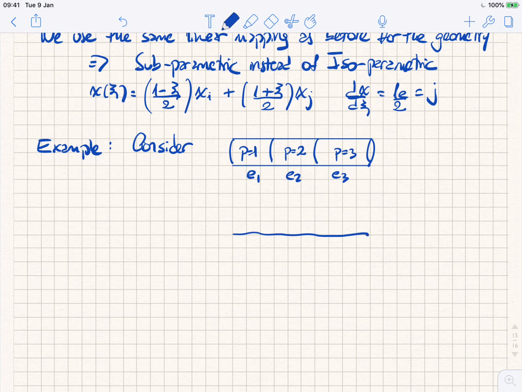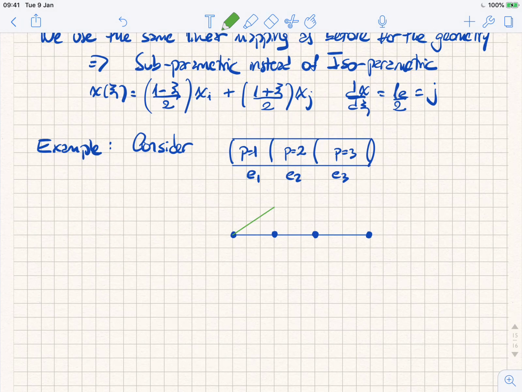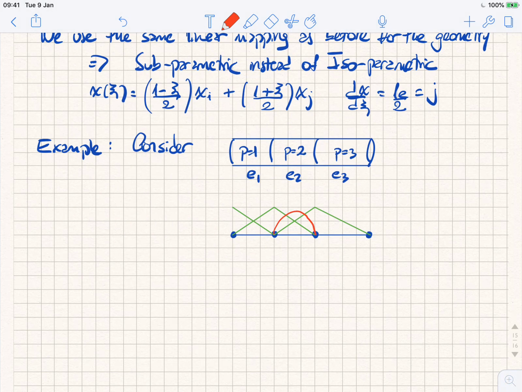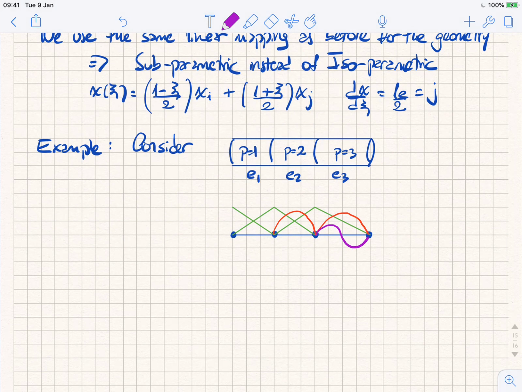So if we try to plot the functions, of course I'm going to have my nodes like that. And we're going to have our hat shape functions. In the second element, I'm going to have a quadratic function, also in the third element. And then I'm going to have some cubic function at the end.